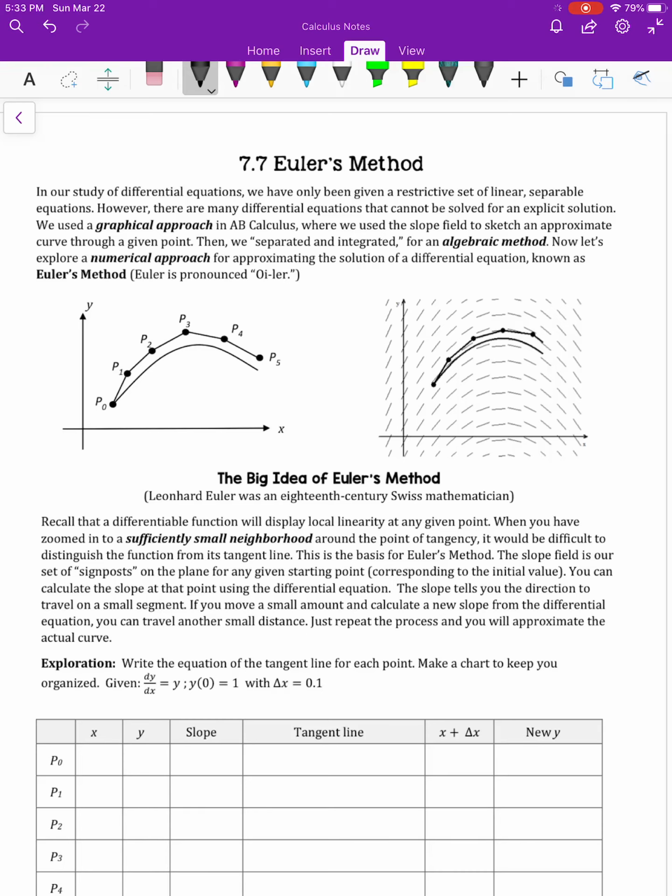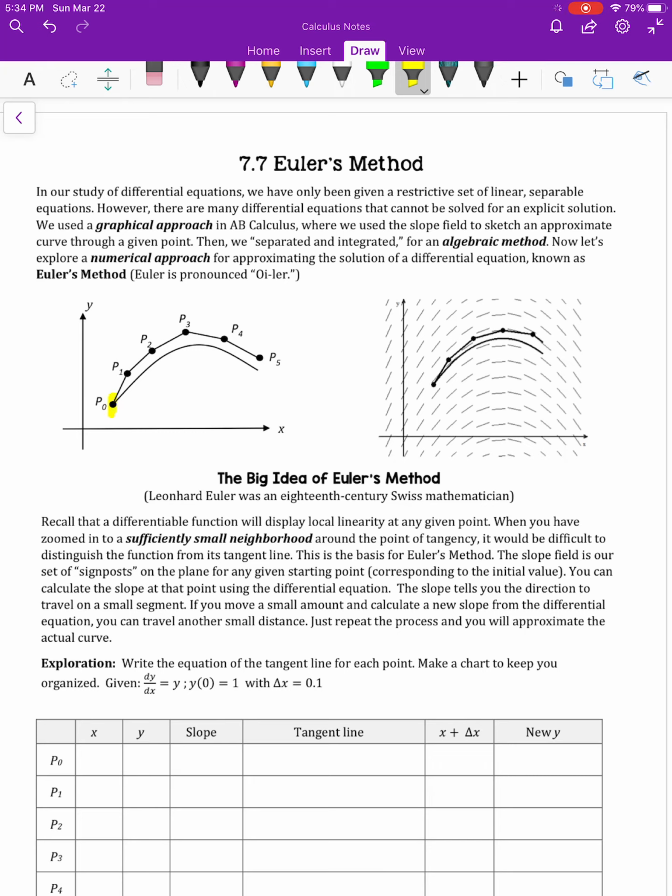7.7 Euler's method. This is a numerical way for you to approximate the solution to a differential equation. What's happening is that they're using the equation of the tangent line to move to a point that is very close to the point that the tangent line is centered at.